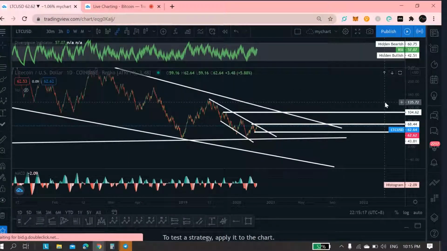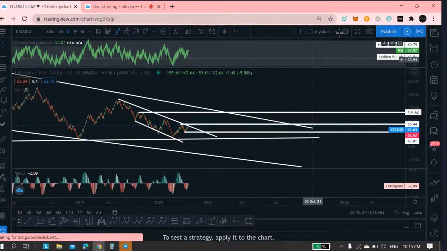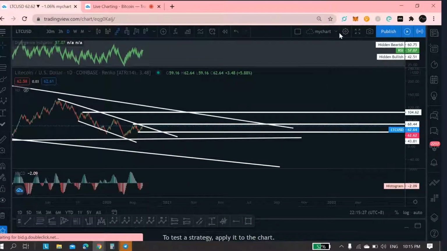So let's see. Let's look at the MACD. It's actually going up.